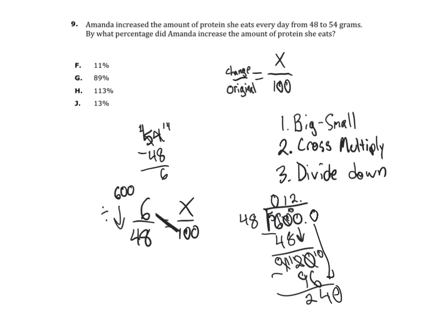So 48 goes into 240 5 times. That's 240, so we can stop. So we end up getting 12.5. So since we have to round, we look at this number. That is 5 or more, so we're going to up that score. So our answer should be 13%, J. Again, that was a lot of work, so please show all your work on your test corrections.